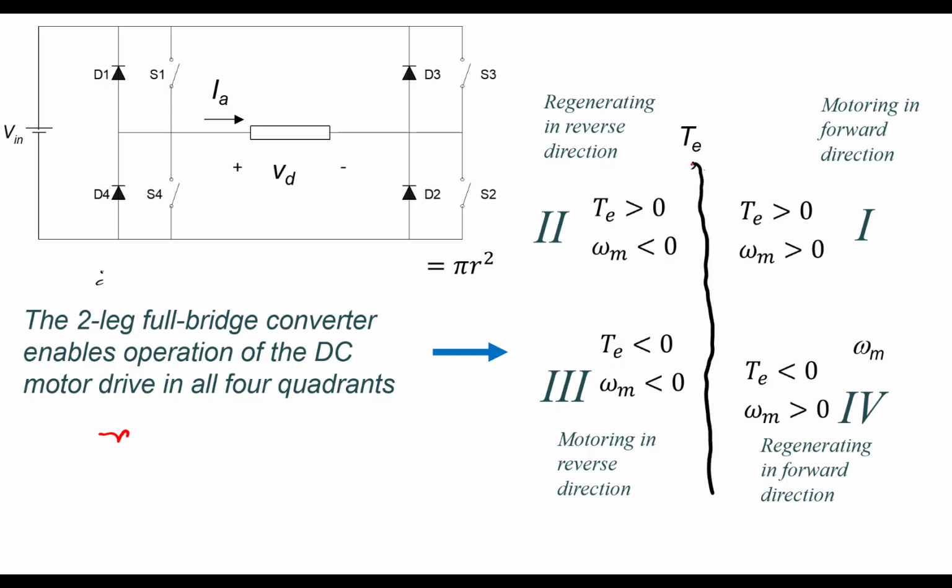See, this is why I don't like to use this, because I can't draw a straight line to save my life. Okay, that's omega m, and that's omega e.